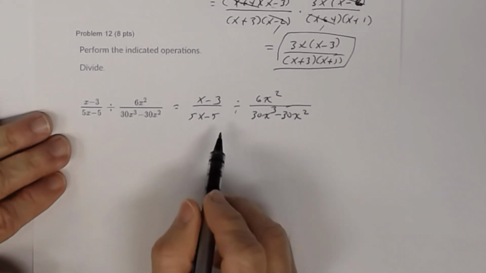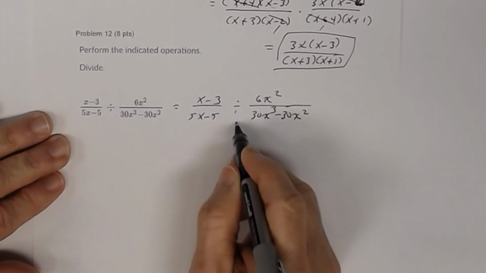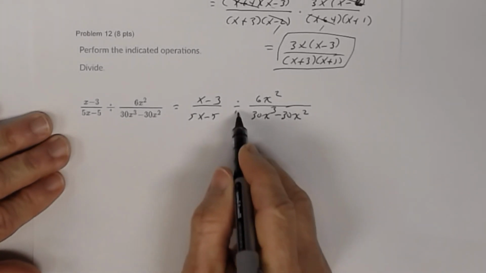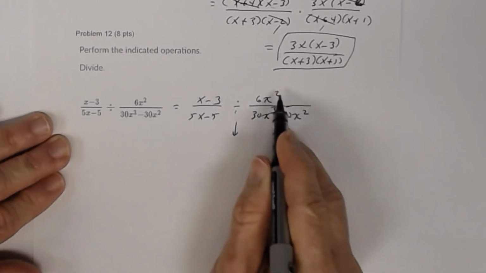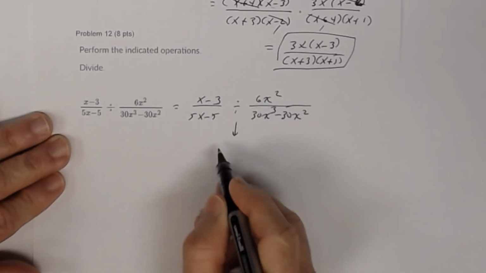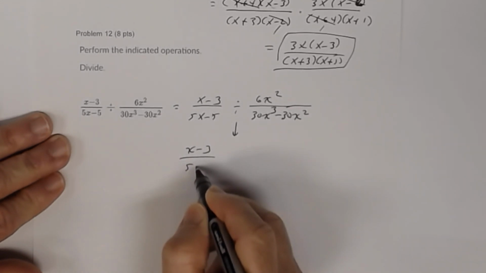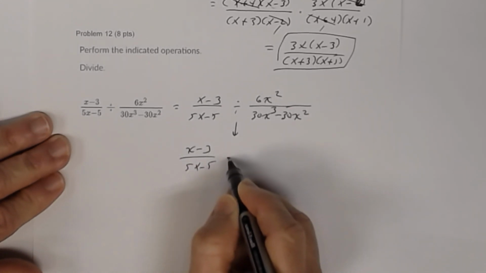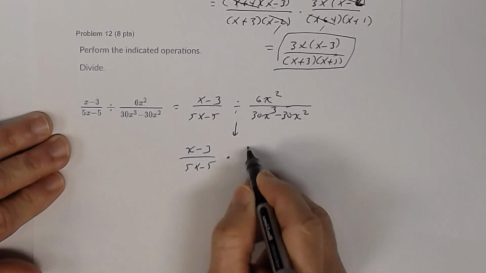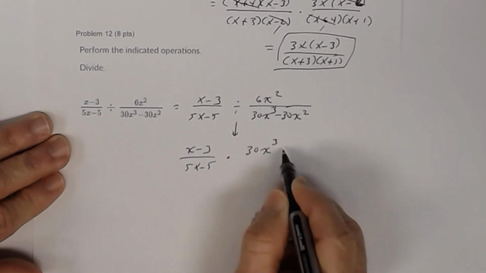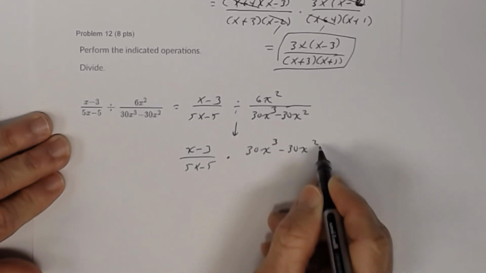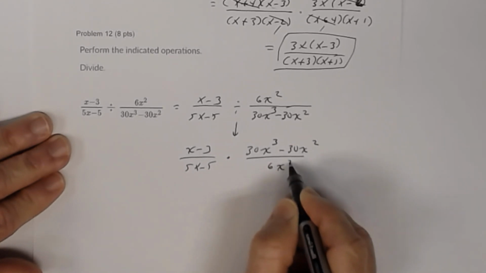First thing you want to do is change this to a multiplication problem. So remember, always multiply by the reciprocal of the fraction following the division symbol. So I get x minus 3 divided by 5x minus 5 times the reciprocal, so it'll be 30x cubed minus 30x squared divided by 6x squared.